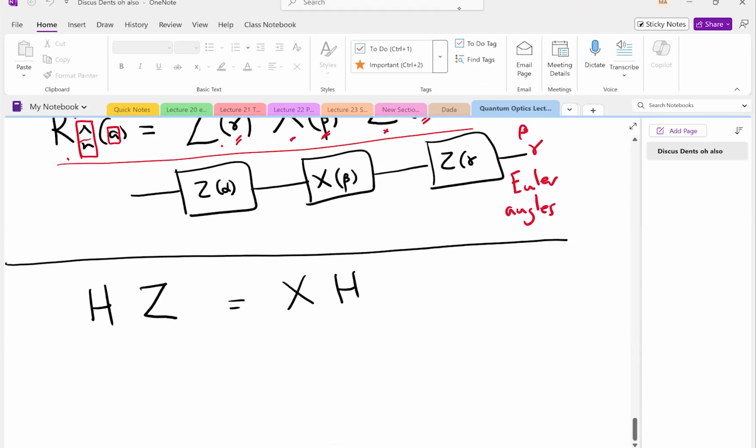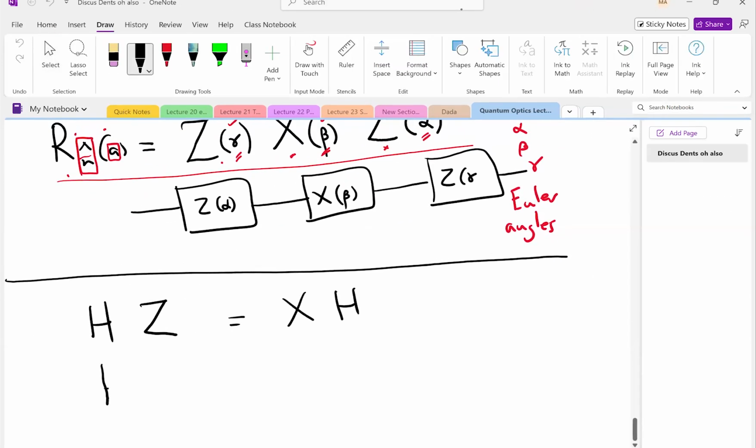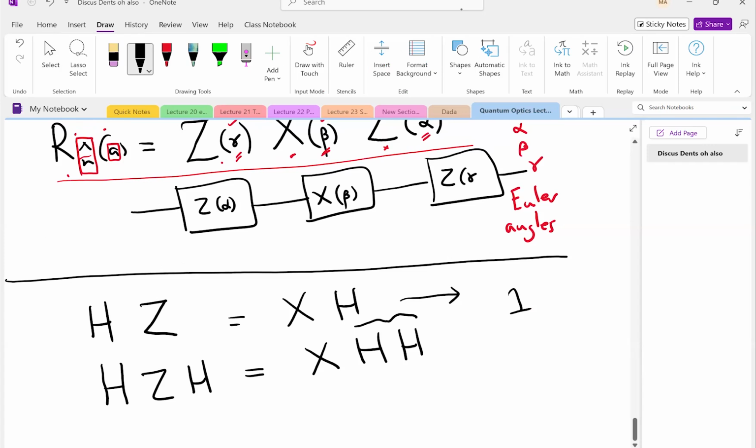All right. So I can modify this as HZH. If I multiply on the right by another Hadamard, I know that two Hadamard gates in close succession are identity.